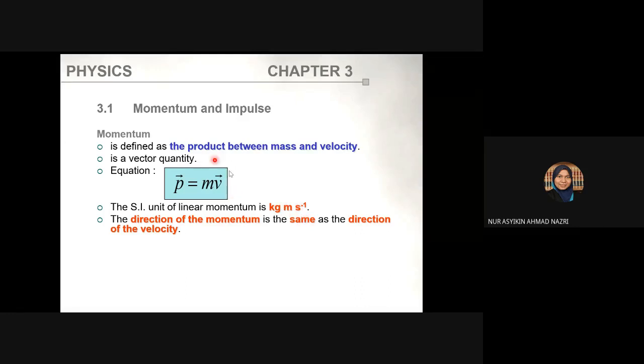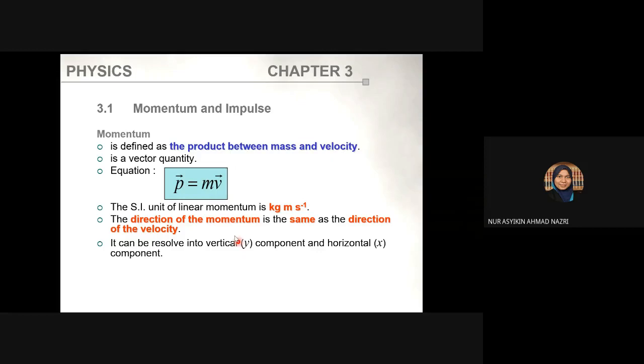The direction of the momentum is the same as the direction of the velocity because in this case, mass is a scalar, and the only vector is velocity. So your momentum will follow the direction of the velocity.